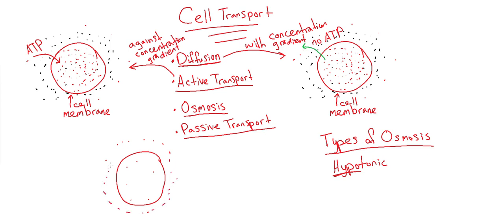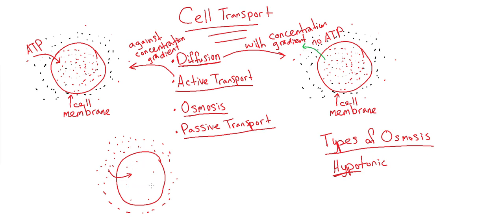I'm not going to do the salt in this case. Since there's more water outside, the cell is going to swell up, right? Because the water is going to go from outside to inside, from high concentration of water to low concentration of water. This is with the concentration gradient, which is diffusion, passive transport, osmosis.